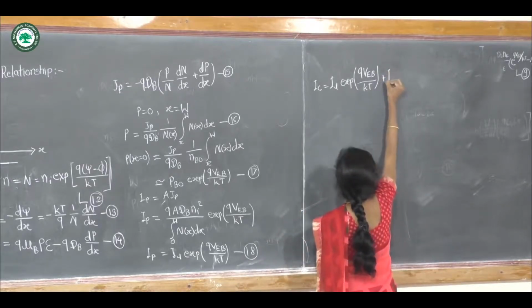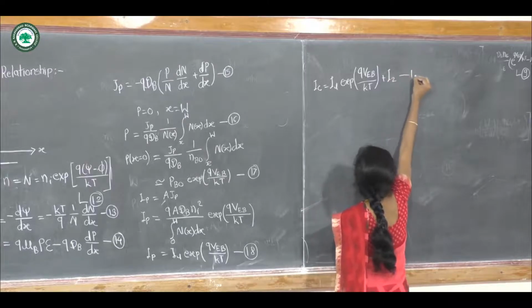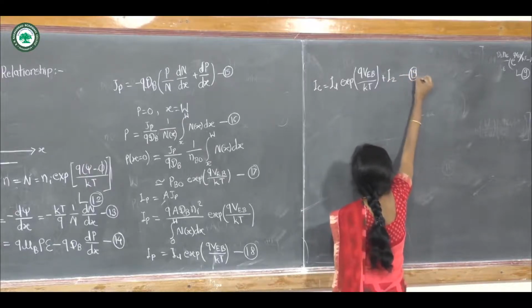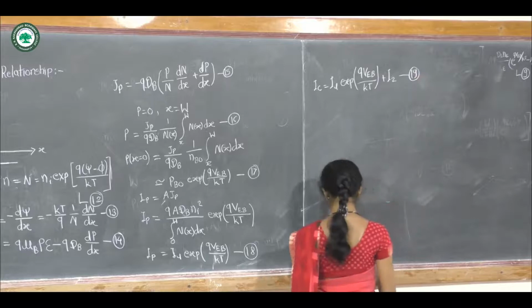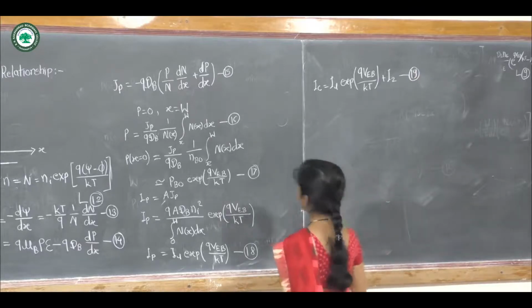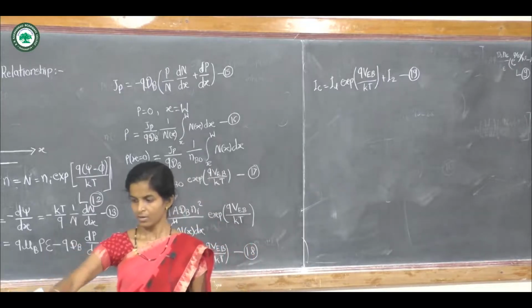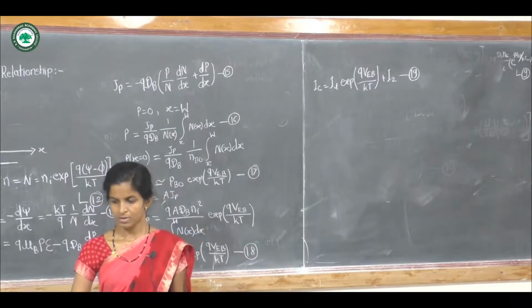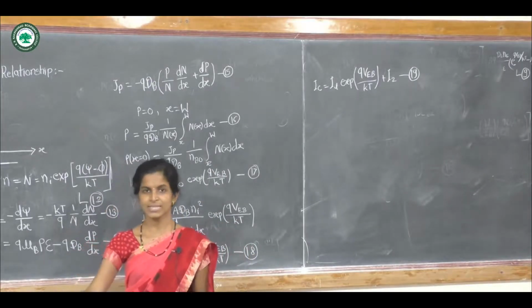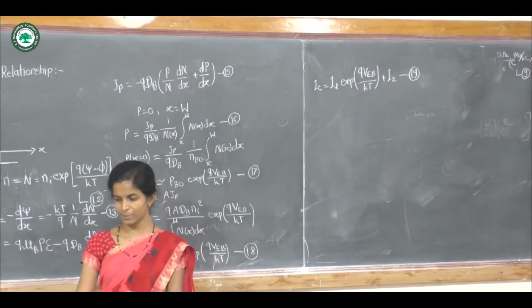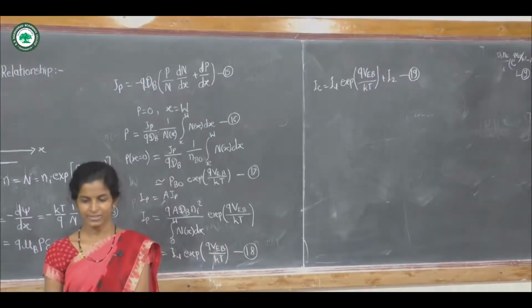This is equation number 19, where this I2 is the saturation current. Next we will see the figure of typical experimental results.